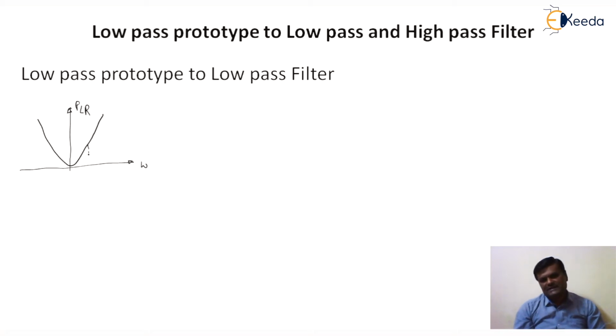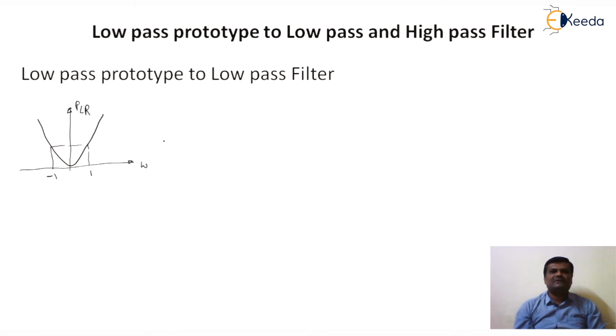The upper edge is represented as 1 and the lower edge is represented as -1. This band is the pass band, where insertion loss is less.